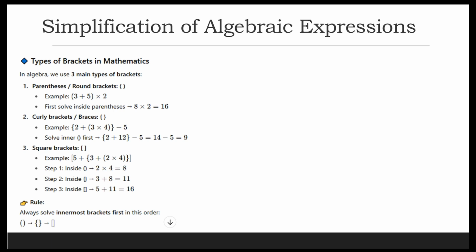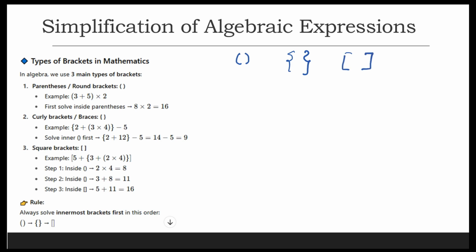Now, whenever we get an algebraic expression, we have to simplify that algebraic expression. And that's where we are entering into some interesting domain now. So in an algebraic expression, there might be brackets used. So how many types of brackets are there? There is a small bracket, there is a medium bracket, there is a large bracket.